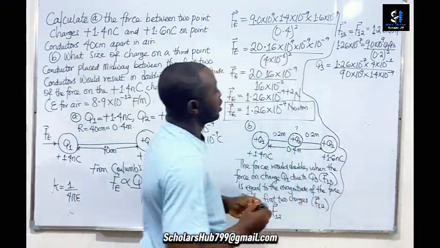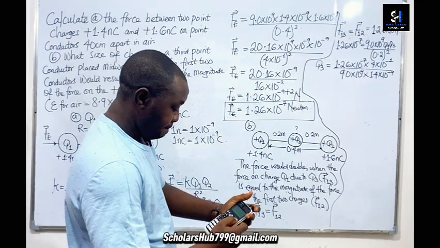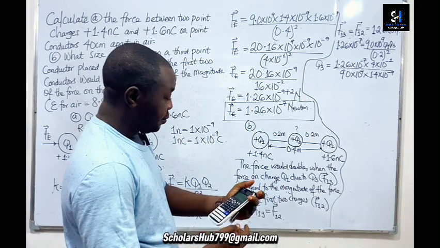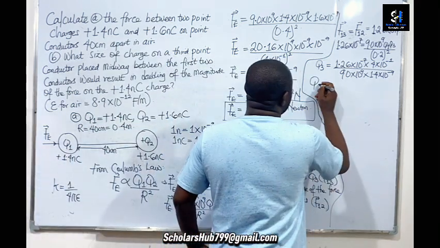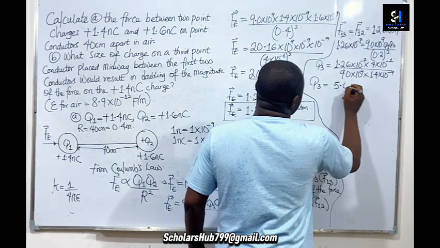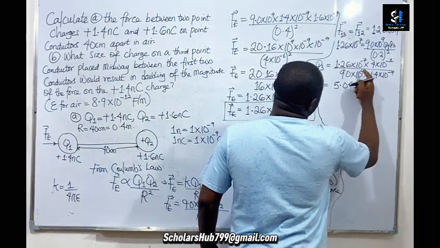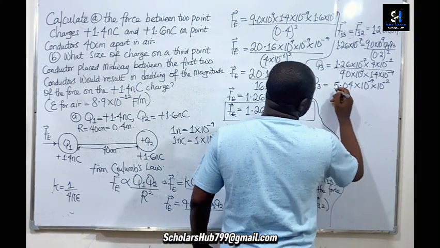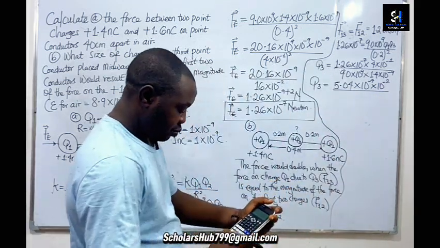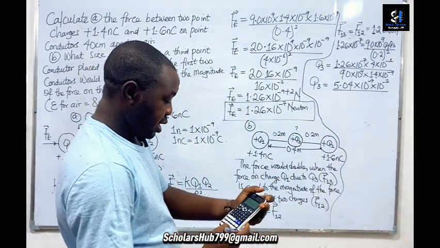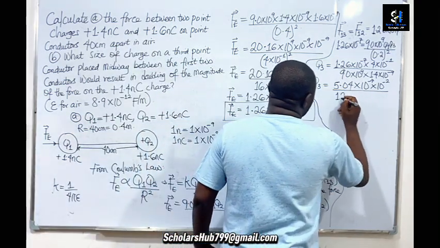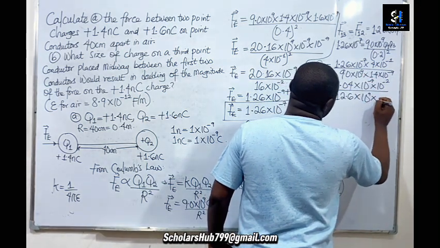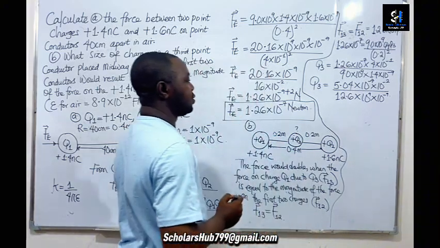So again, 1.26 multiplied by 4 is 5.04. So we have Q3 equal to 5.04 multiplied by 10 raised to the power of minus 7 multiplied by 10 raised to the power of minus 2, over 1.4 multiplied by 9, which is 12.6, times 10 raised to the power of 9 multiplied by 10 raised to the power of minus 9.